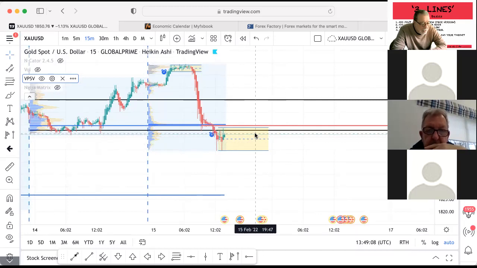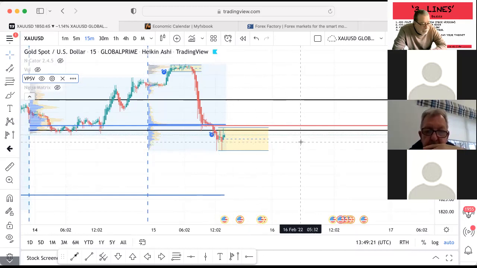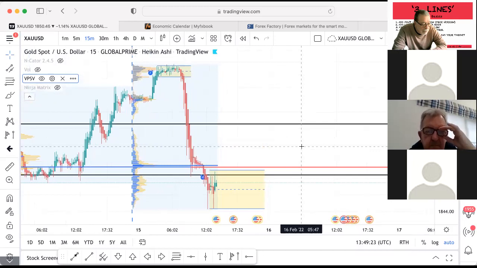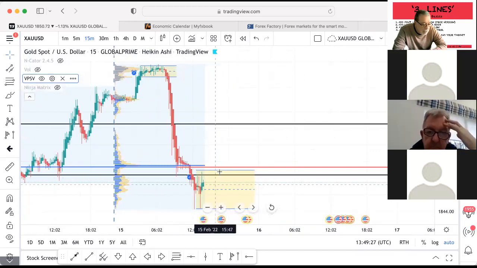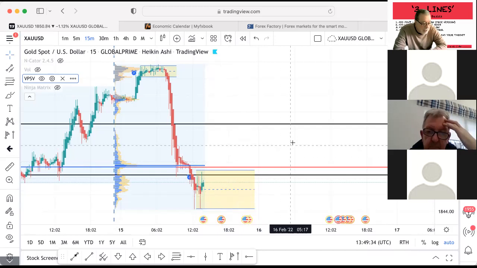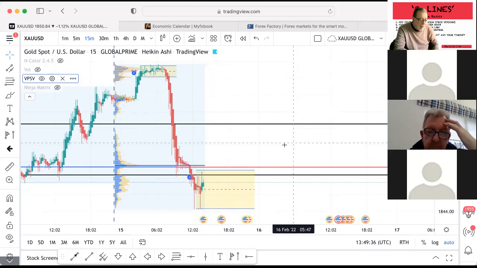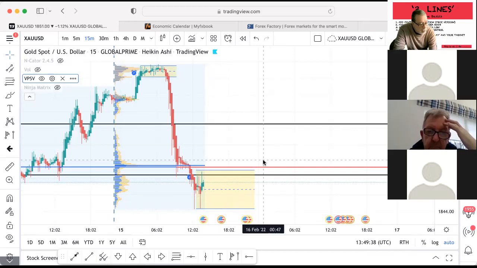It'll pop its head out there, or it'll pop its head out there, and it may well pop out and then go back, which is a signature move of the big institutions. They'll take it down to take out all the stop losses, or up to take out stop losses above, and then take it back the way they originally intended. That's my strategy for trading gold today.